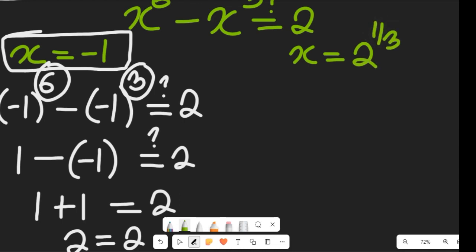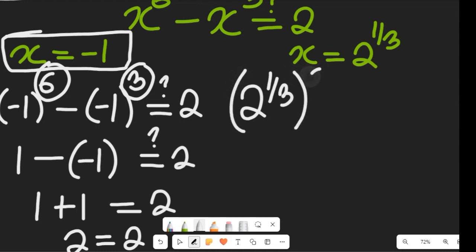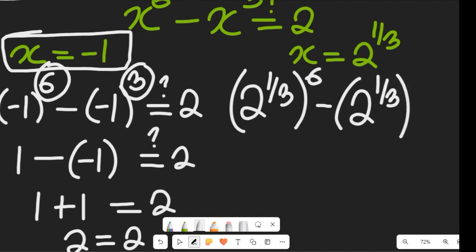Now, what about the value of x equal to 2 to the power of 1 divided by 3? Let's test. If we test that, we're going to have 2 to the power of 1 divided by 3, all raised to 6, minus 2 to the power of 1 divided by 3, all raised to 3. Will it be equal to 2?